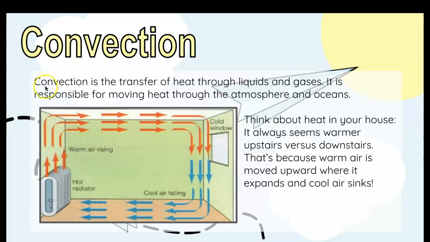Looking at this picture, you see this little radiator producing heat. The heat rises because heat expands and goes up, and then as it reaches the top of the room and cools down, it falls down. That's why during winter, if you have a two-story house, it always feels so much warmer on the top floor than on the bottom floor, and that's because of convection. Convection is that movement of heat in the air.